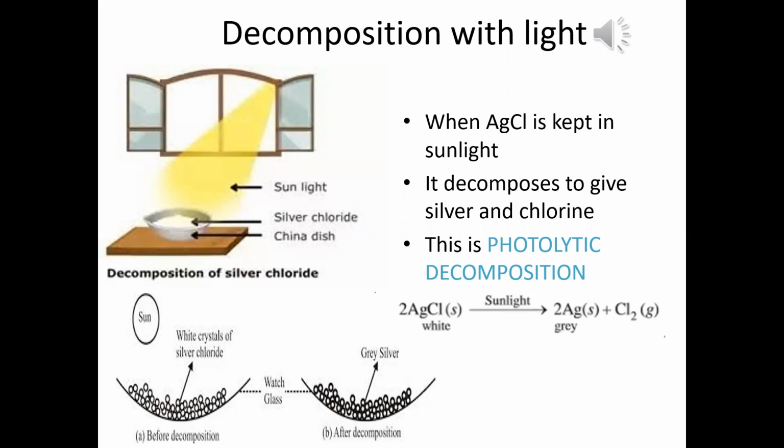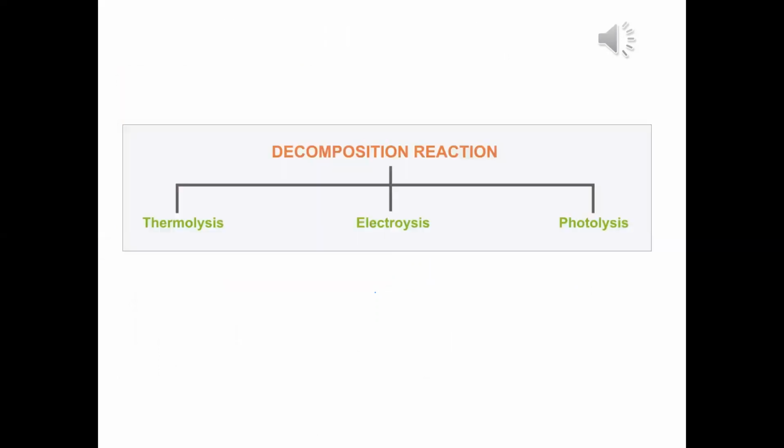How do you know? Because silver chloride was white in color, and when I pass sunlight, it becomes gray. So decomposition reactions are of 3 types: thermal, meaning using heat; electrolysis, using electricity; and photolysis, that means using sunlight.